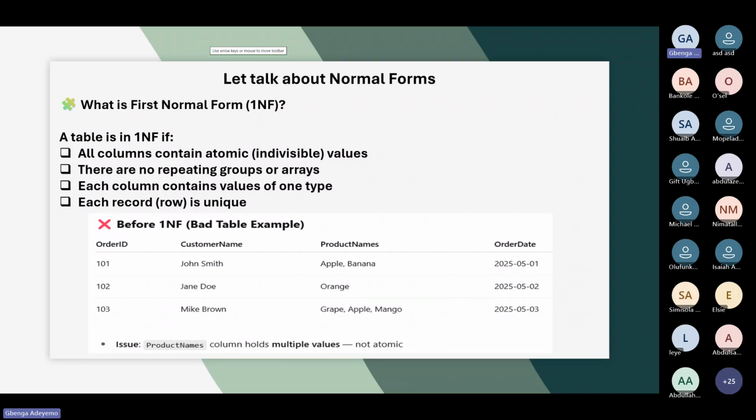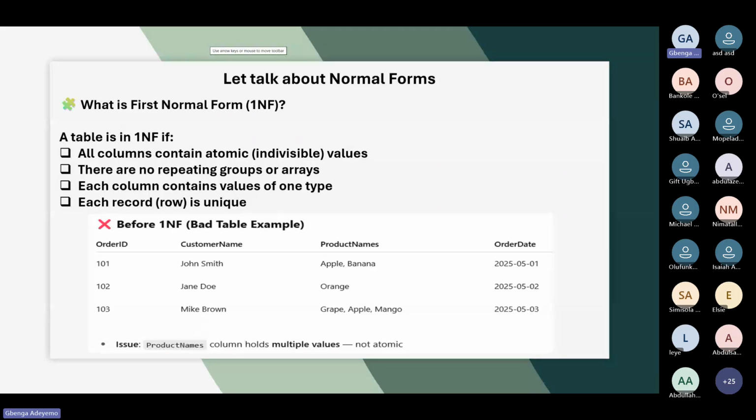Before you can achieve first normal form, there are some conditions that one needs to meet. The condition is that all the columns must contain atomic values. So what does that mean? It means that they must contain values that cannot be divisible.